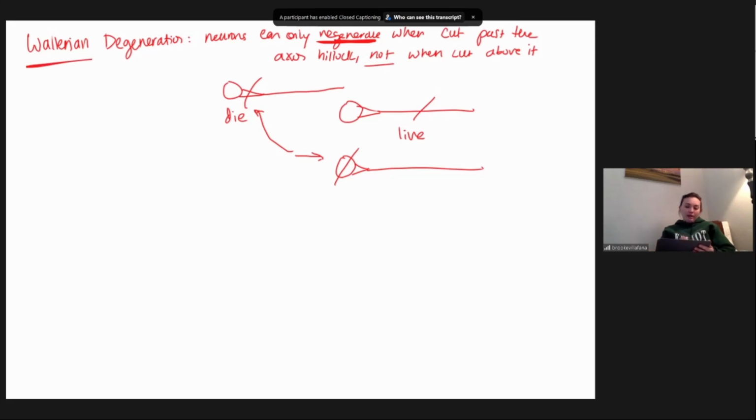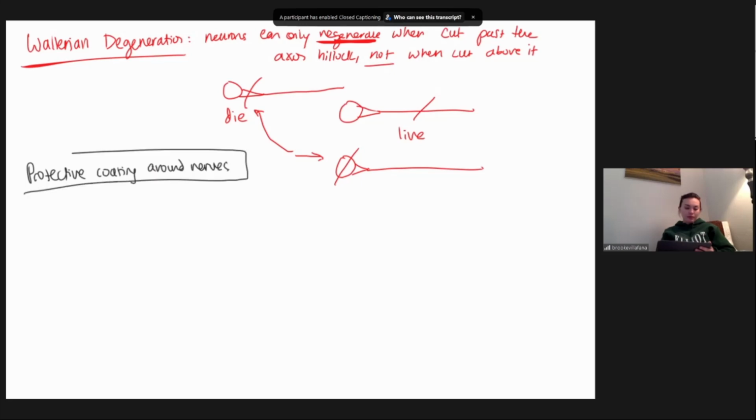So then lastly, we have our protective coating around nerves. This is your epineurium. The epineurium is around the entire nerve.